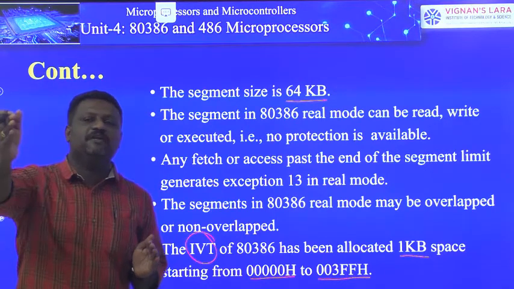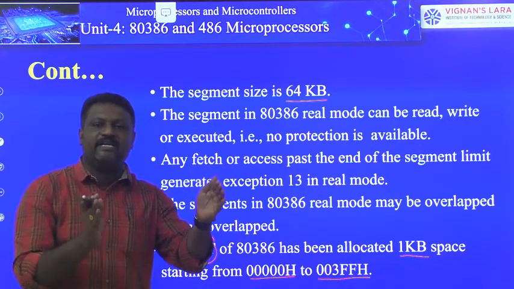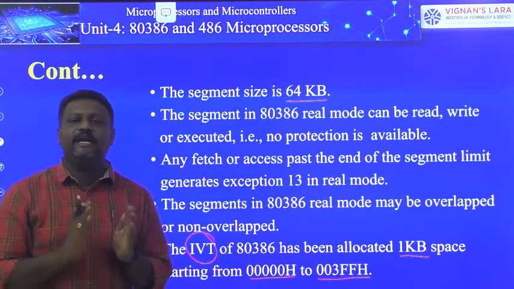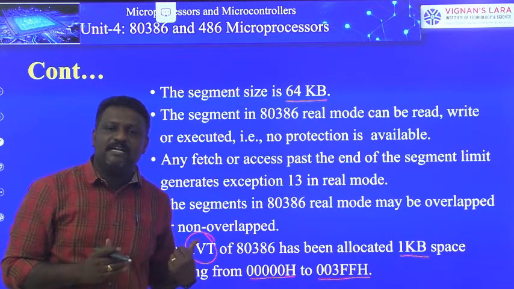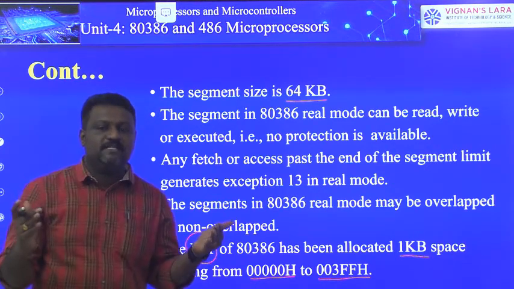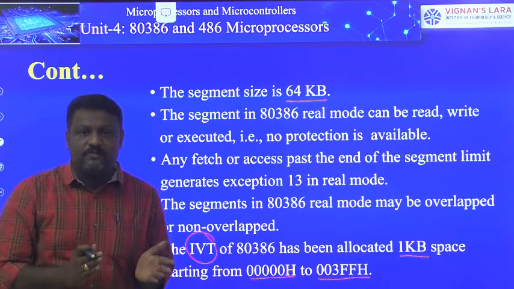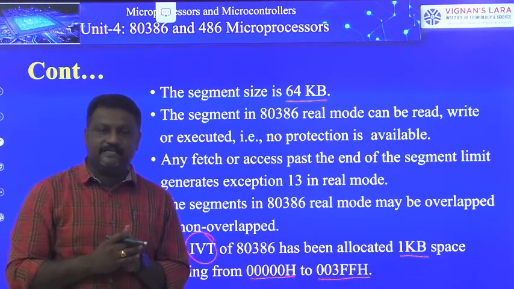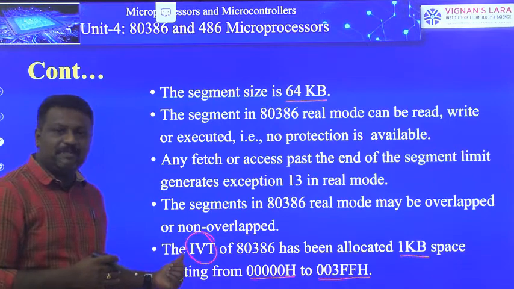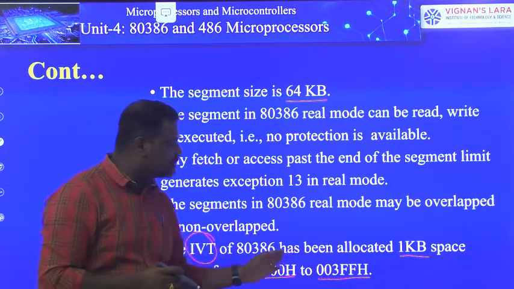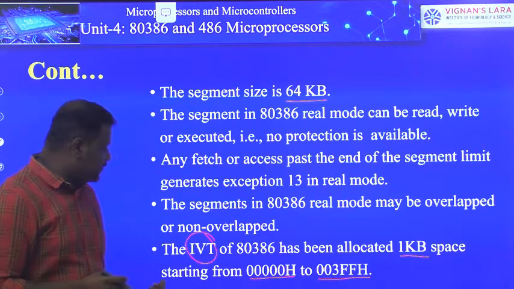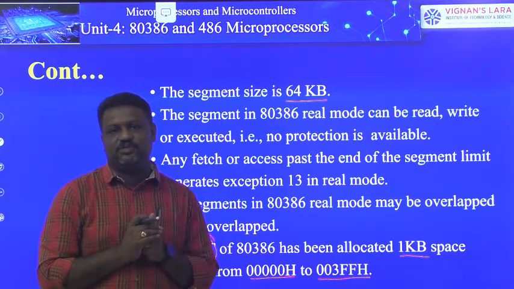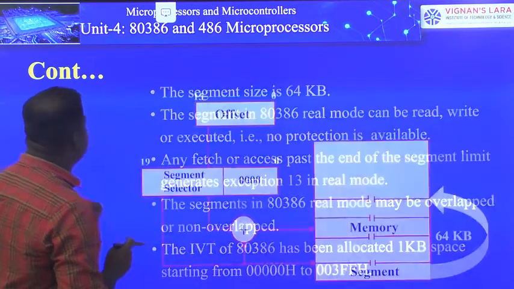That means the locations from 00000H to 003FFH hold the interrupt vector table. What is the interrupt vector table? It is a table which provides the interrupt service routine addresses of the 256 types of interrupts supported by the 8086. So the same point is repeated here: the IVT of 80386 has been allocated 1 kilobyte of space from 00000H to 003FFH. This is another important one.